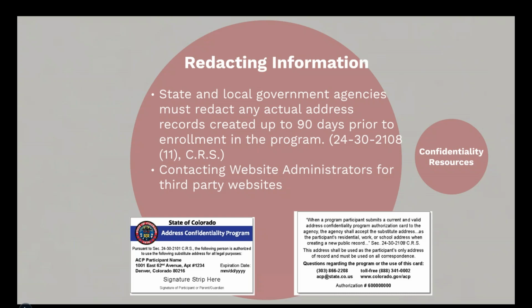So I put up this part of the statute referring to any records being redacted that are created up to 90 days prior to them being enrolled in the program, but that is true even if they accidentally or knowingly provide their actual address to some state or local government agency, they can still go back and request to use their substitute address.